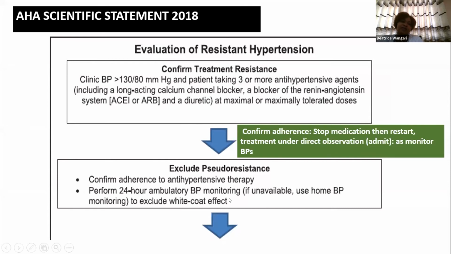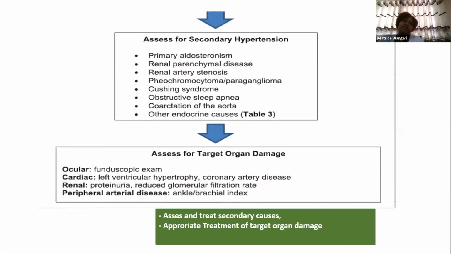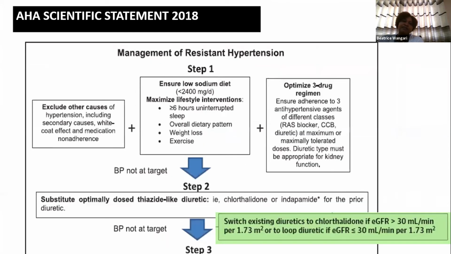The white coat effect, really the only way to rule out the white coat effect is to use home blood pressure monitoring or ambulatory BP monitoring. Once you have confirmed true resistant hypertension, of course, again, assess for your secondary causes, assess for target organ damage, and address those issues.